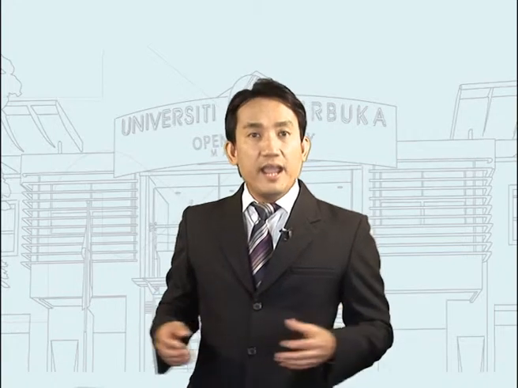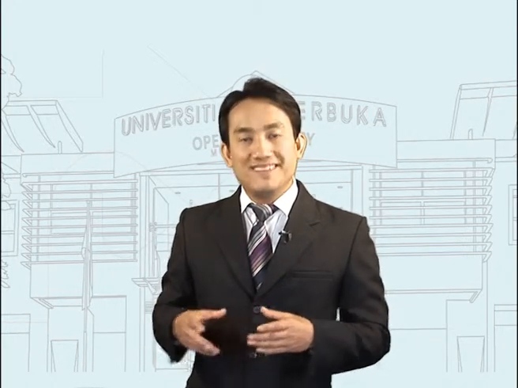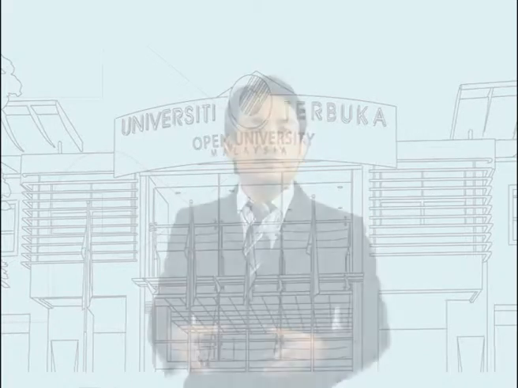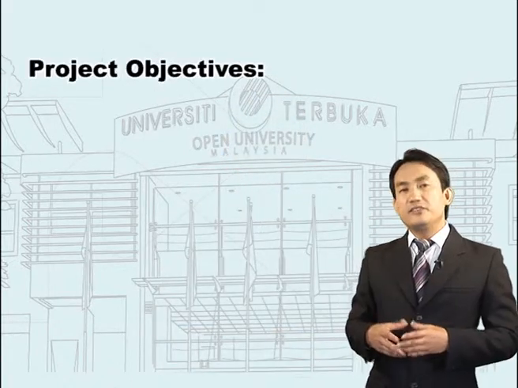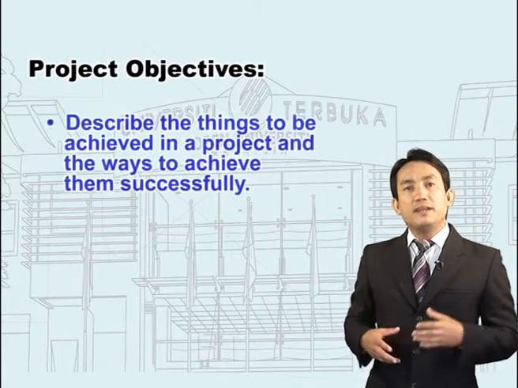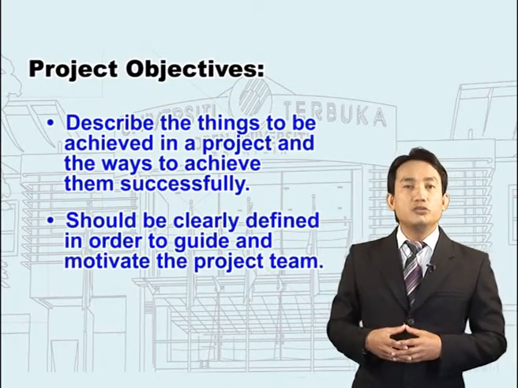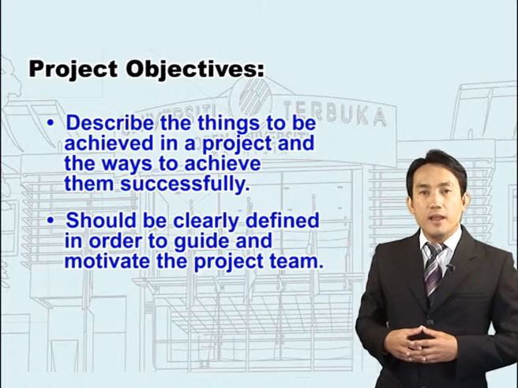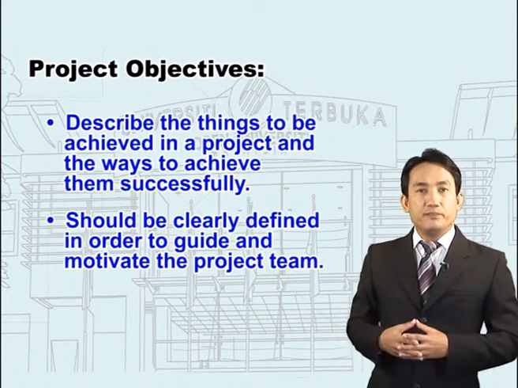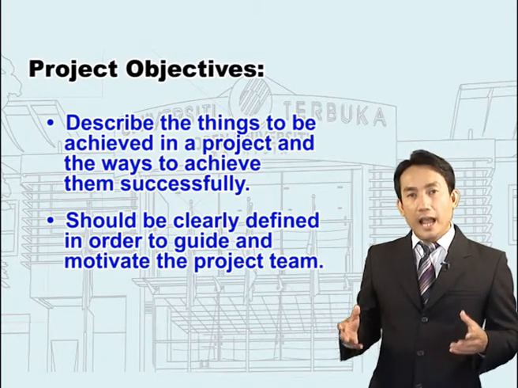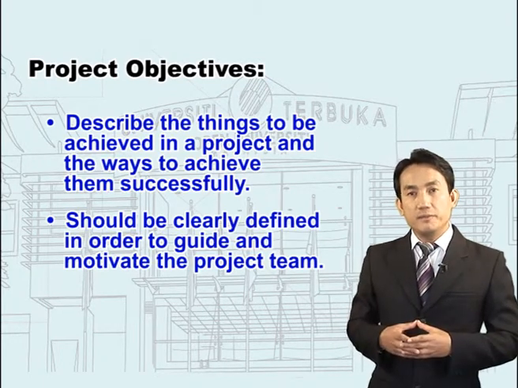In this slide, it is clearly stated that you must remember the things to be done and delivered. As mentioned earlier, you may detail out your project objectives to describe what you want to achieve. Based on the objectives, you are able to provide a clear direction to your team members.